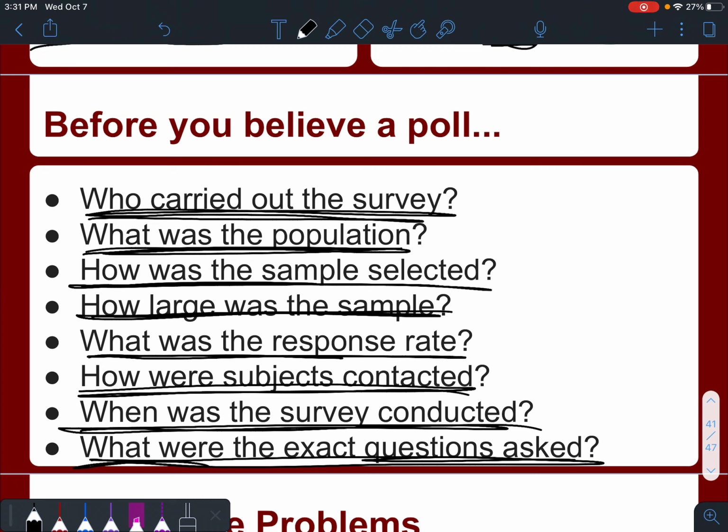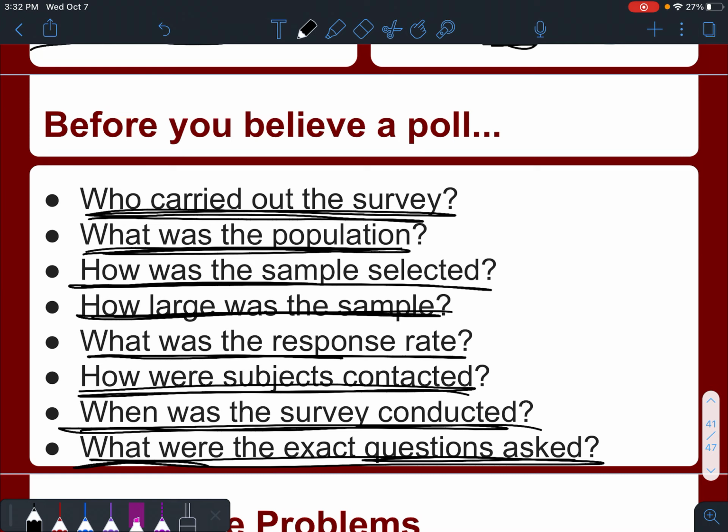So as you become more and more wise to the ways of statistics, and you see some poll or some headline or some samples of survey results, you can look at it and say, okay, show me the fine print, show me the methodology, so we can go in and look at this and see if this is an actual good poll.